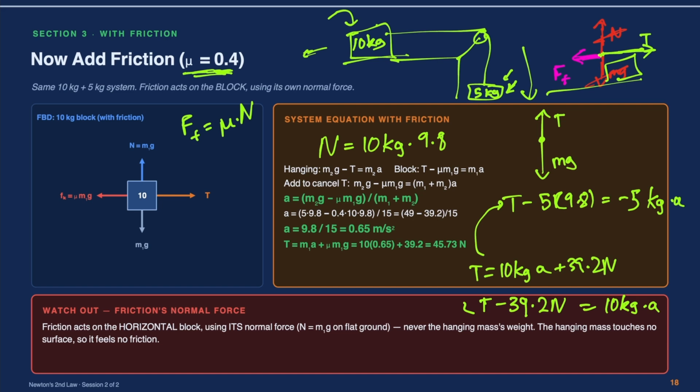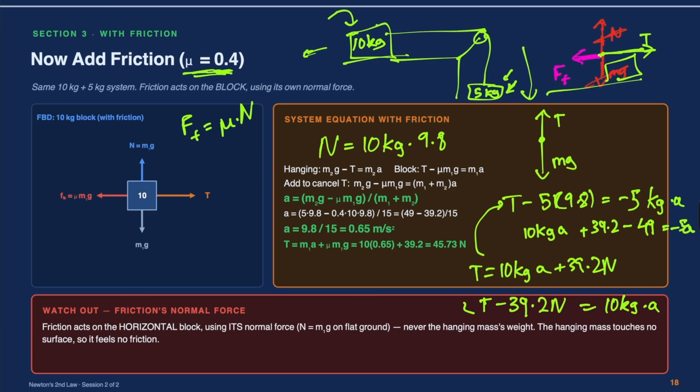So that's going to become 10 kg A plus 39.2 minus 5 times 9.8. Right? So 5 times 9.8 is 49, is equal to negative 5 kg A.